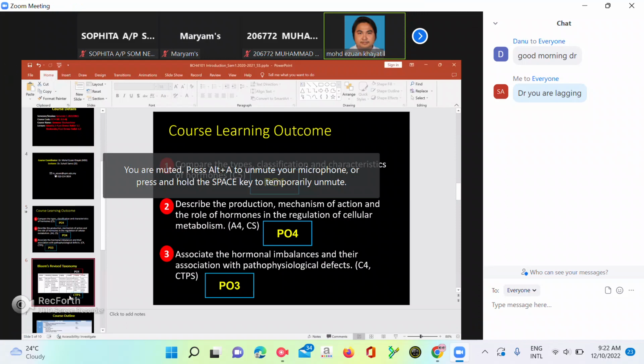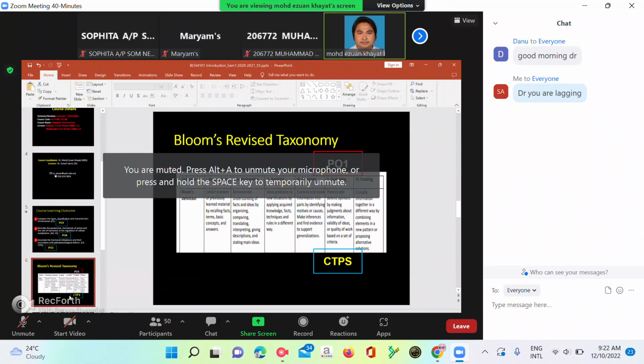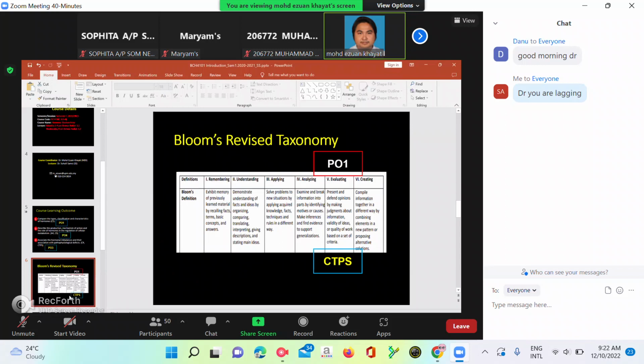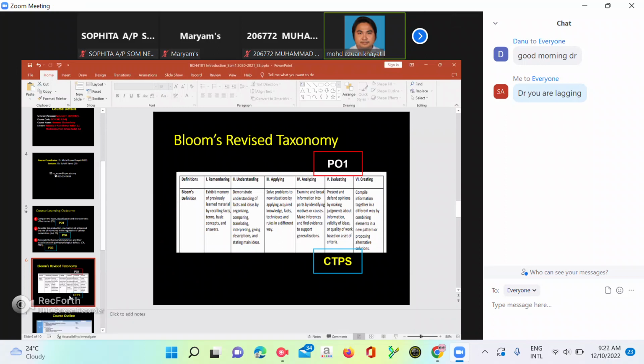Okay, so this is like I said before. For PO1 and PO3, we have different sets of questions and different standards of questions, C5 and C6, like we said before. The hardest question is C6. In this course, I think the highest is C5.